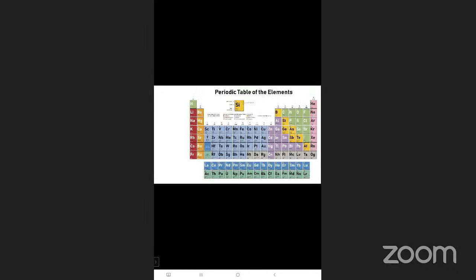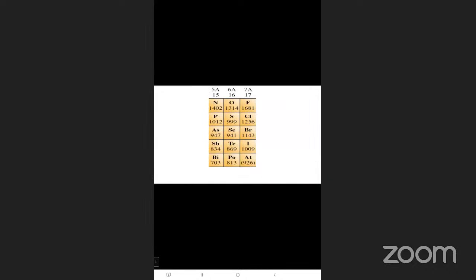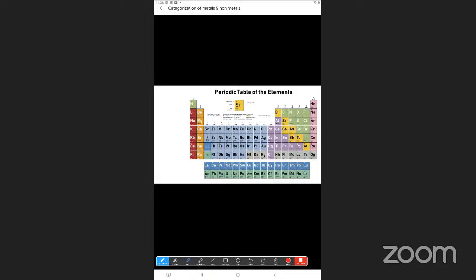Now come to the P block. In this P block, we have third A group, fourth A, fifth A, sixth A, seventh A, and eighth A group elements.